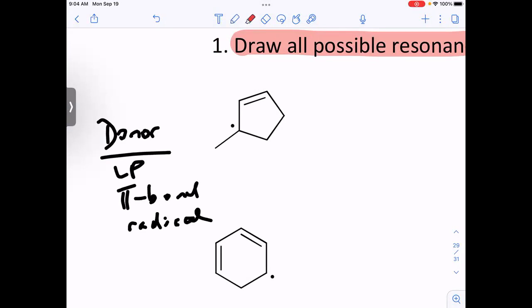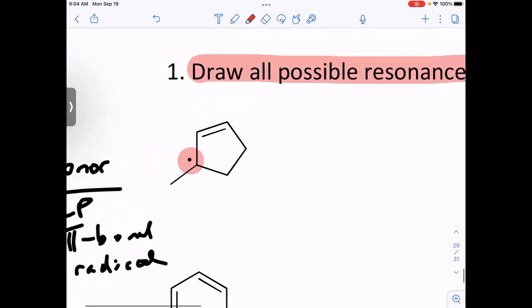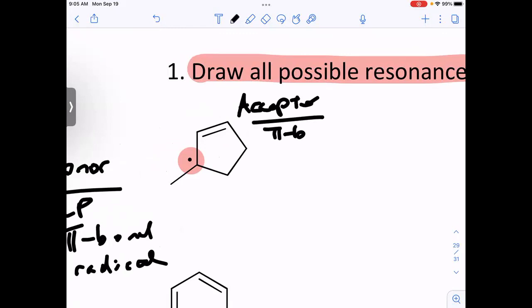And this is an example of a radical, an allylic radical. It's allylic because it's right next door to a double bond, right? So you have a donor, and then you also have an acceptor, which in this case is the pi bond. The acceptor can be a pi bond or a cation.